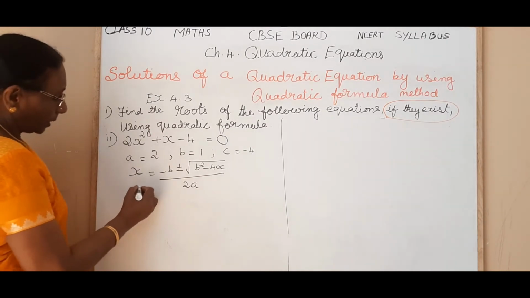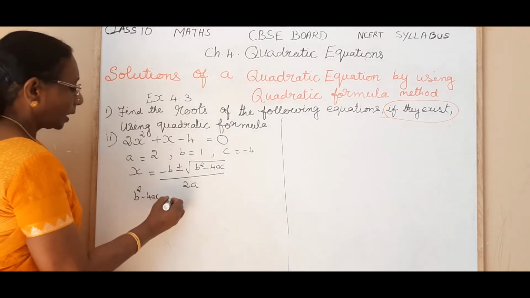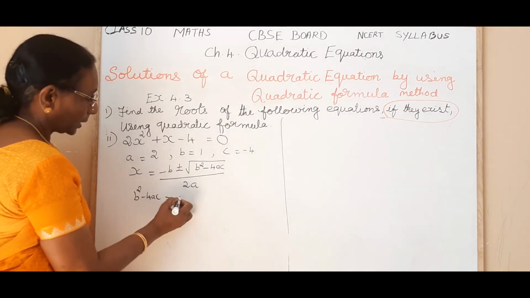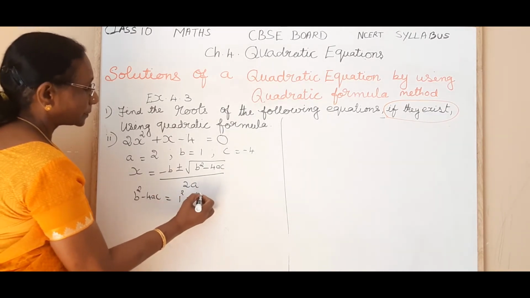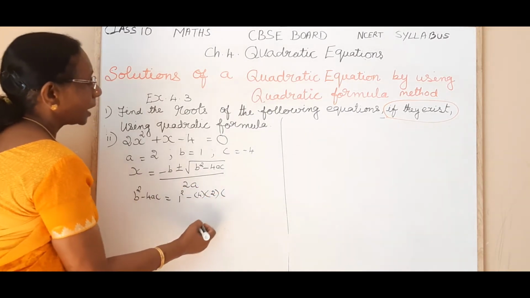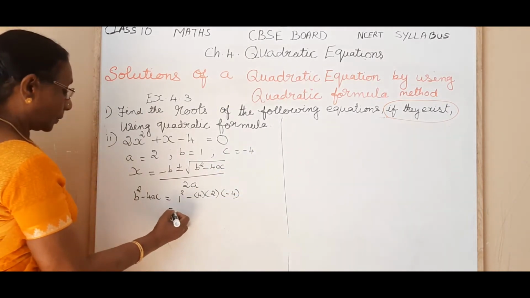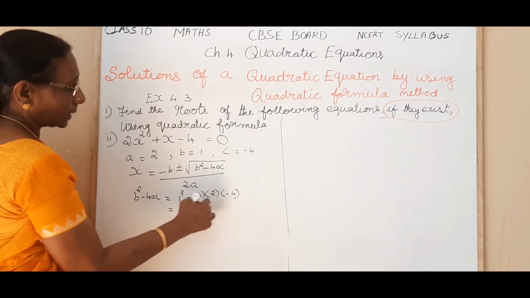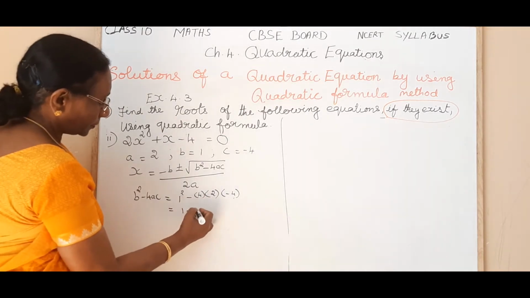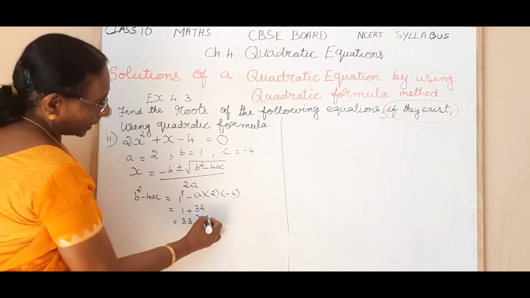Okay, now you find b square minus 4ac is equal to, b is what? 1 square, minus 4 into a is what? 2, and c is what? Minus 4. That is equal to 1 square is 1, minus into minus, plus 4 2s are 8, 8 4s are 32. That is equal to 33, which is greater than 0.